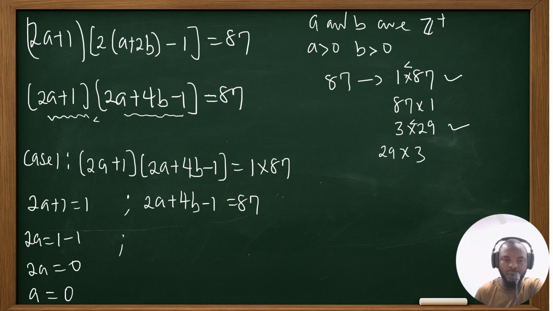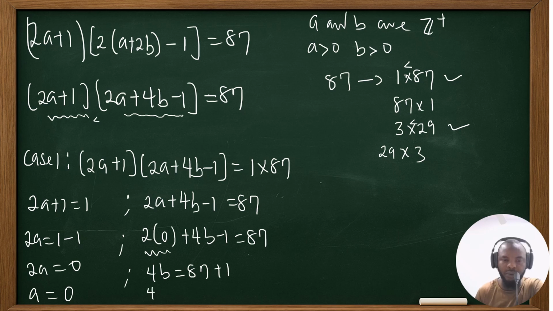In the second equation, we have 2 into parentheses 0, since a equals 0, plus 4b minus 1 equals 87. So 4b equals 87 plus 1, which is 88. Finally, b is 88 over 4, which is 22.